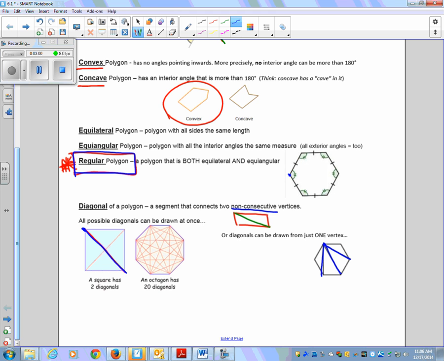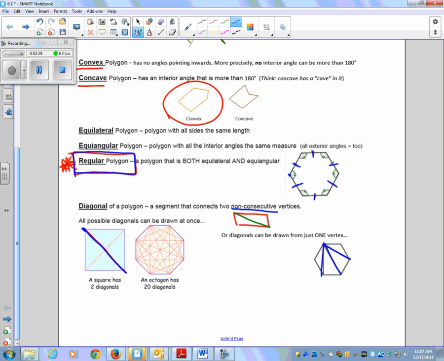We're used to regular meaning something not very special, right? Like, oh, it was just a regular old day. But a regular polygon is actually really special. It's got all the sides congruent and all the angles congruent. Okay, so you don't want to just pass over the word regular as if it's inconsequential. It's actually really giving you a lot of information. All the sides are congruent. All the angles are congruent.